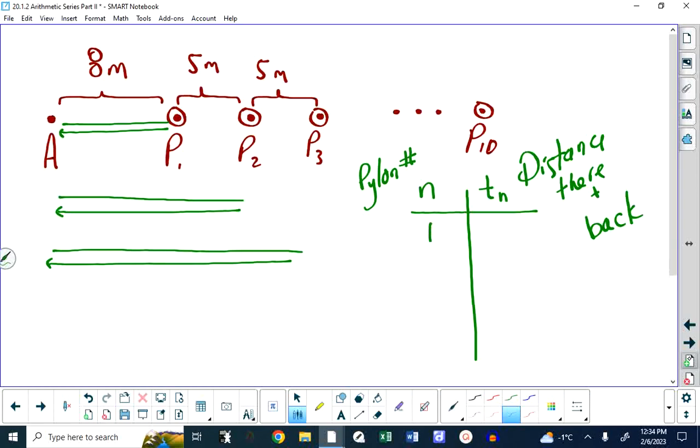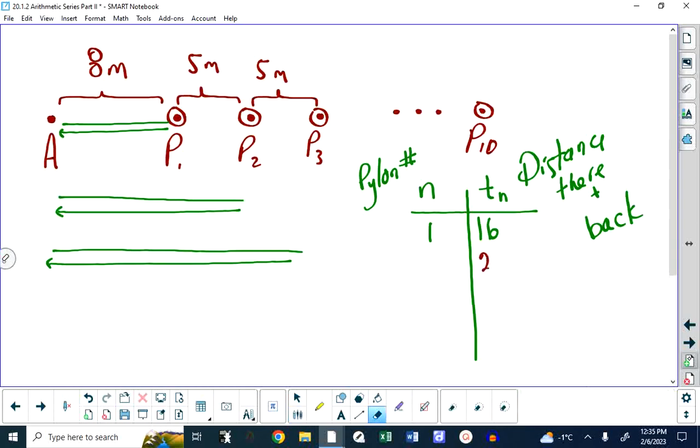And what we did on Friday was we said, well, if the athlete has to run from where they start to pylon 1 and back, then the distance there and back is 16 meters. Pretty easy, 8 plus 8. In order for the athlete now to go from the start to the second pylon and back, they have to run 8 and 5 is 13 to the second pylon and another 13 back.